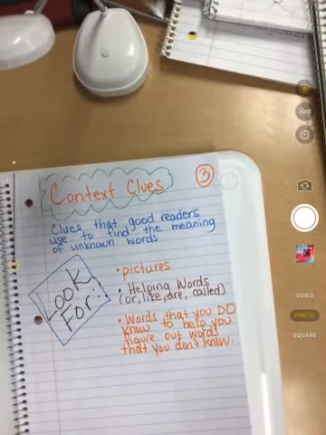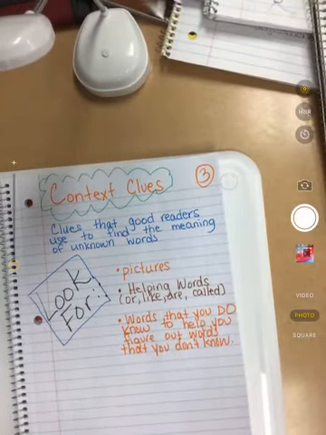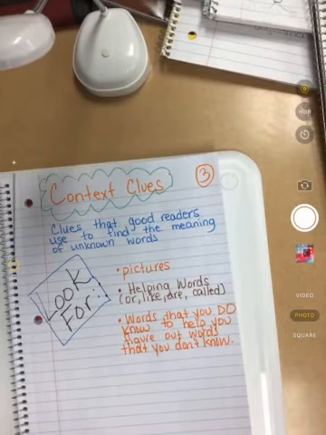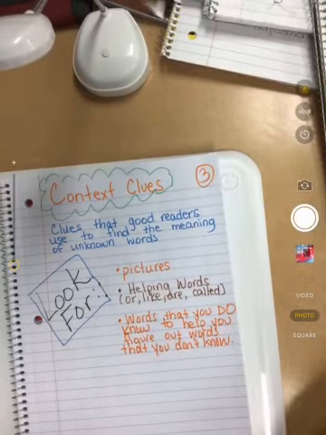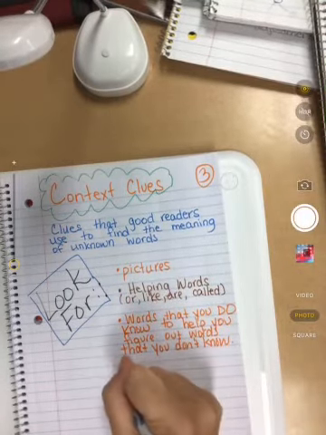Okay, so words that you do know to help you figure out words that you don't know. You just have to read around, maybe the sentence before, the sentence after, will be very helpful. Also, I'm going to do every other because that's going to bother me if I switch colors now.